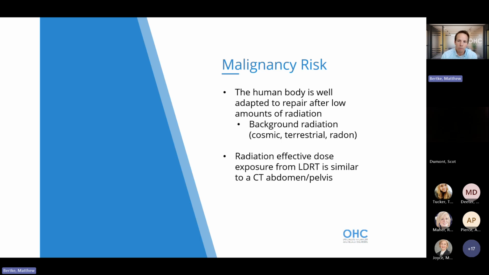And our bodies can repair small amounts of radiation exposure pretty continually. The effective dose exposure for treating a joint, such as a knee joint or the hands, with low dose radiation is similar to a non-contrasted CT of the abdomen and pelvis.